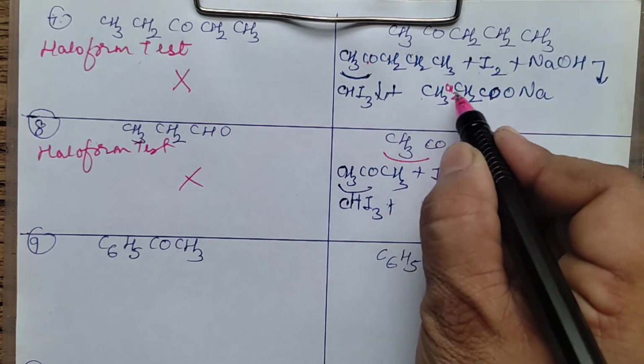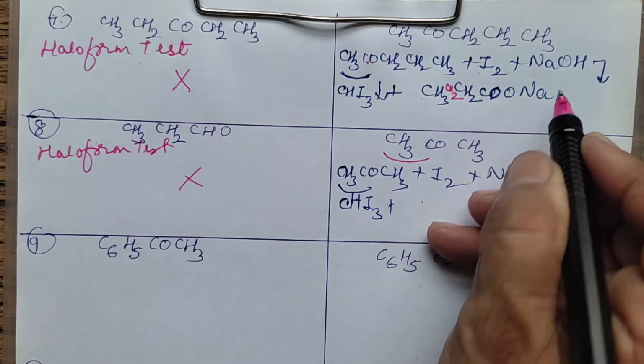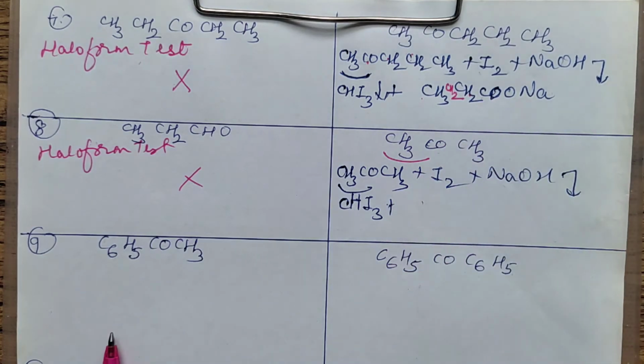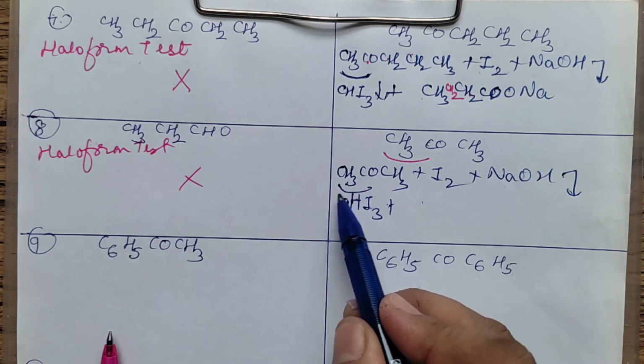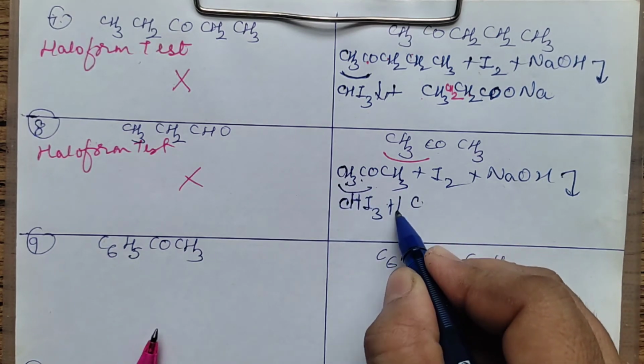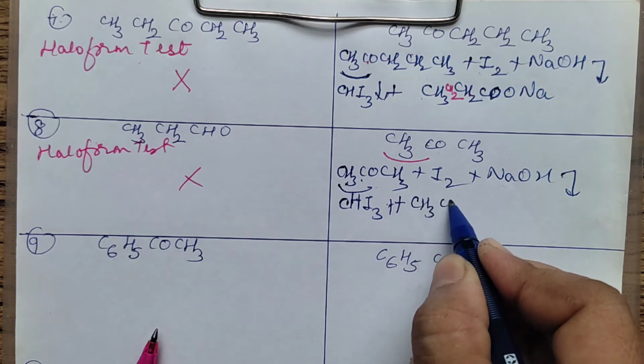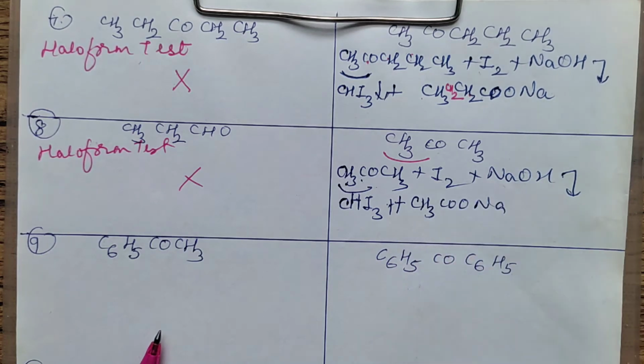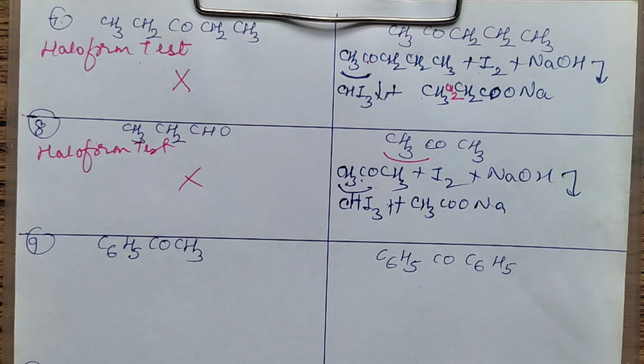So you will have CH3CH2CH2COONa. Same way here, this one carbon will go as CHI3 and the remaining will come as a salt. So you will have CH3COONa. You are getting a yellow color precipitate, that is iodoform.